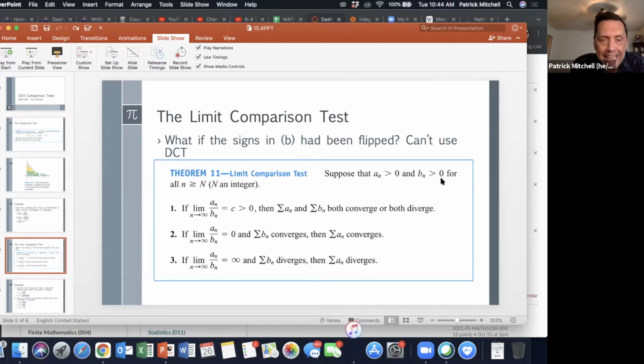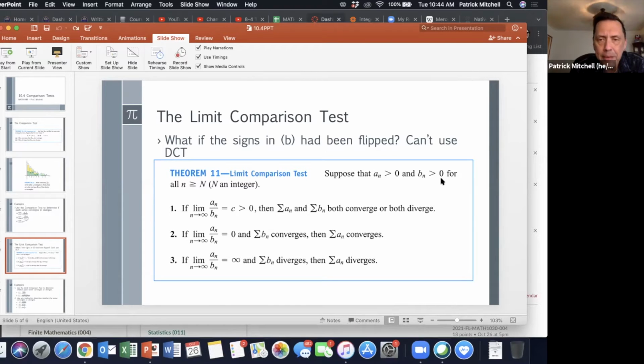If the limit as n increases without bound of a sub n over b sub n is equal to c, where c is a finite positive number, then the series a sub n and b sub n either both converge or they both diverge. So the idea here is that if the ratio is tending towards a finite positive number, then those series are growing proportionally to each other. And so if one of them converges, the other one should converge. And if one of them diverges, the other one should diverge.